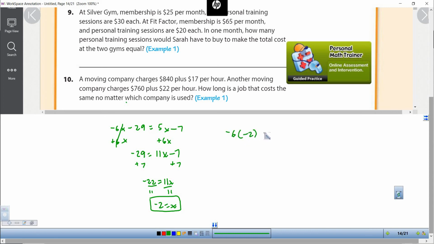Negative 6 times negative 2 minus 29 equals 5 times negative 2 minus 7. I get 12 minus 29 equals negative 10 minus 7. Well, 12 minus 29 is negative 17, equals negative 17. It checks, so that means my answer was correct.